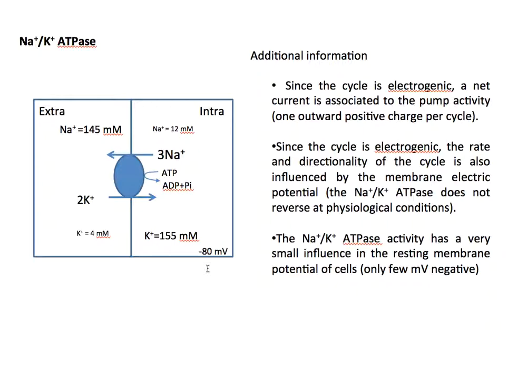The cycle is electrogenic, meaning you generate an electrical difference. So the outside is going to become more positive, and the negative as a result becomes more negative. But it's actually not the sodium potassium ATPase that creates this electrical gradient. We're gonna go over that later.